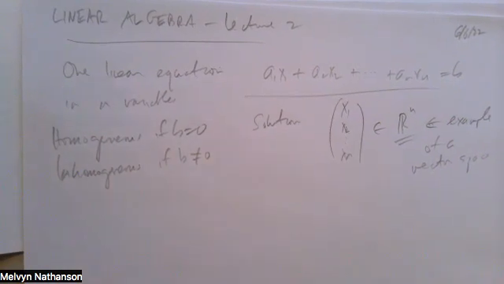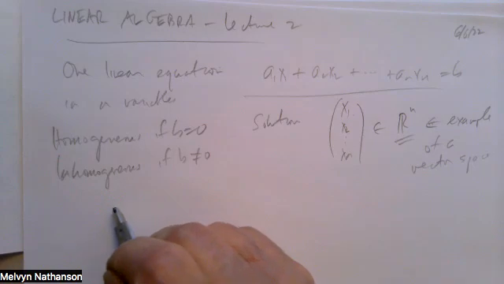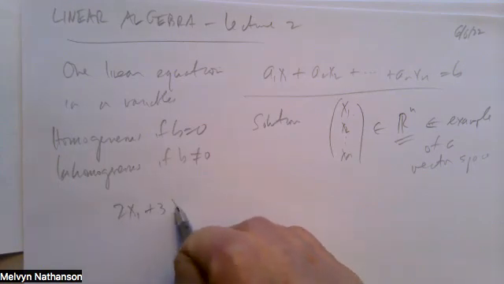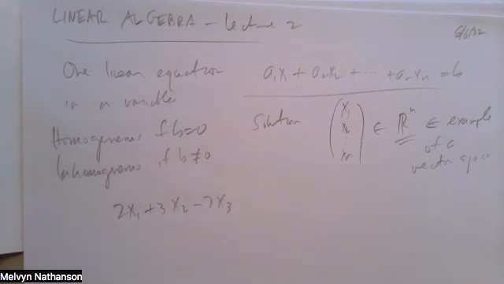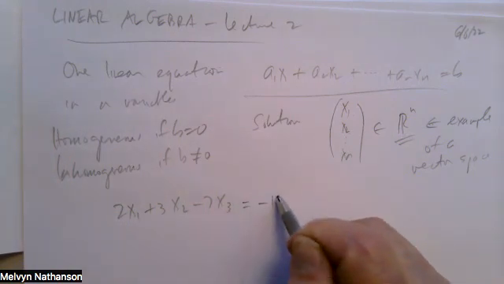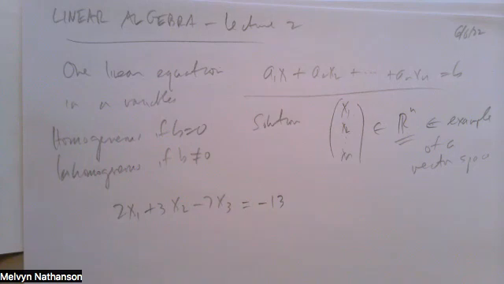And so, for example, if you have the equation 2x1 plus 3x2 minus 7x3 equals minus 13. One solution of this is, for example, let's see, what would be a solution?